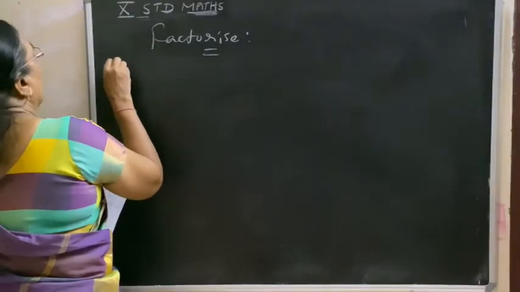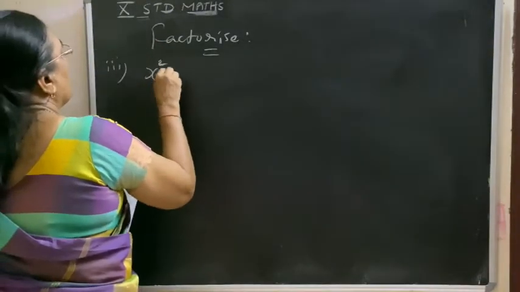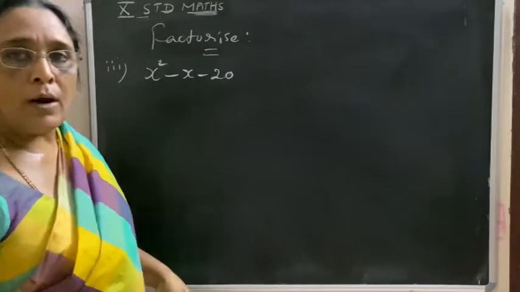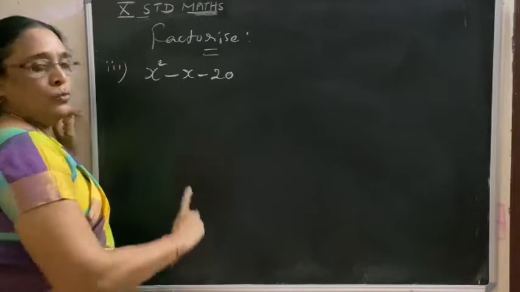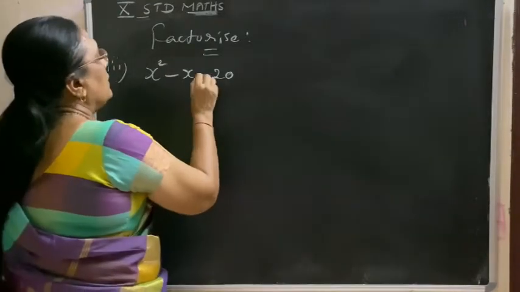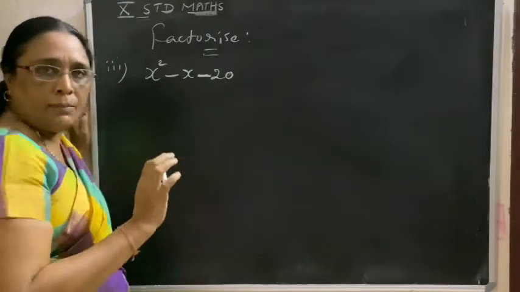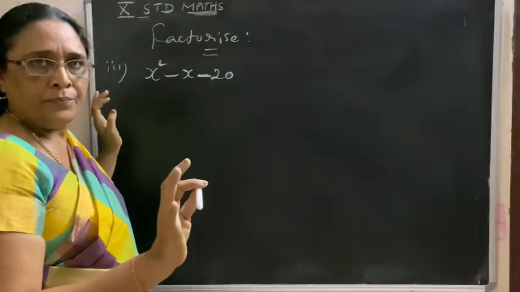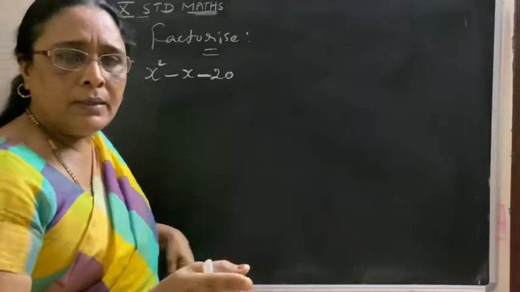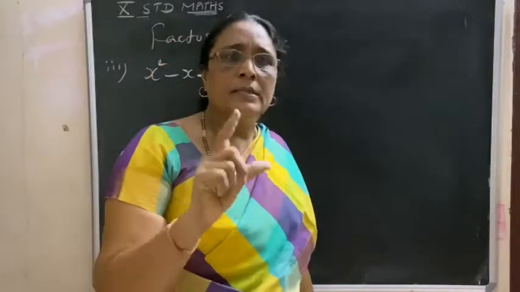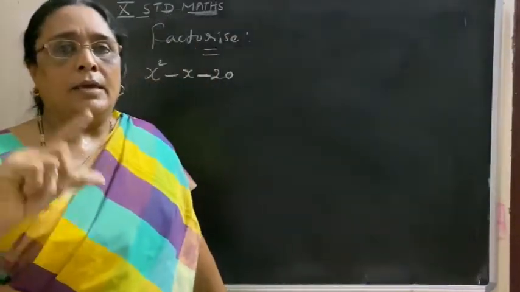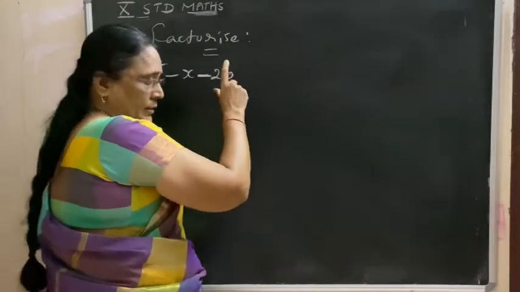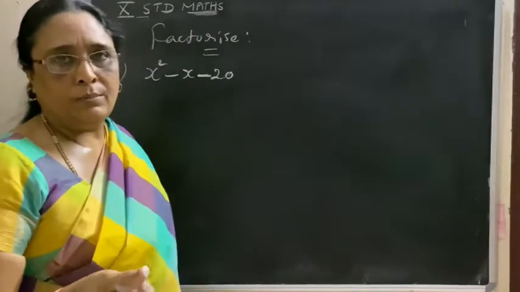The third type, x square minus x minus 20. If this quadratic polynomial is given, how to do this? Now see that if all the terms are in plus, no. If center term is in minus, no. If all the terms are in plus, otherwise the center term is in minus, then we have to take the center term as a sum of the two numbers and the last term as the product of two numbers.